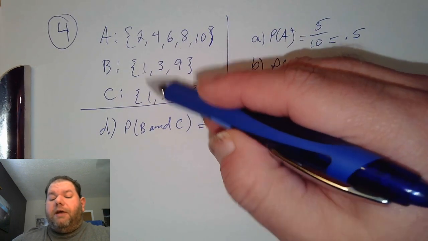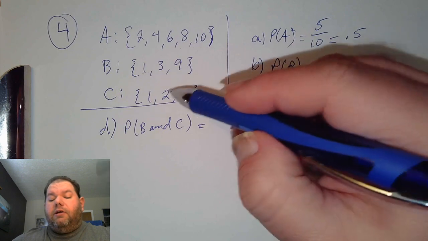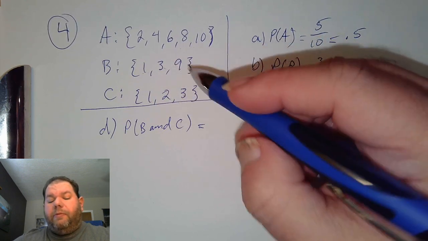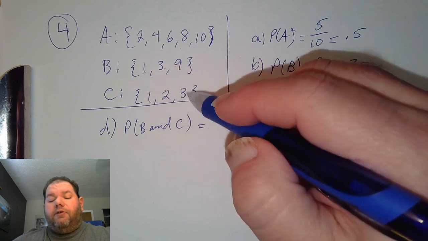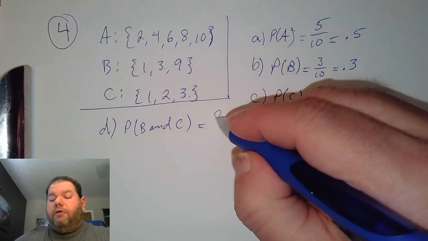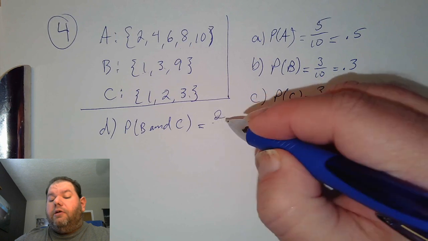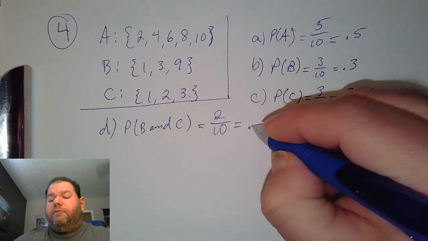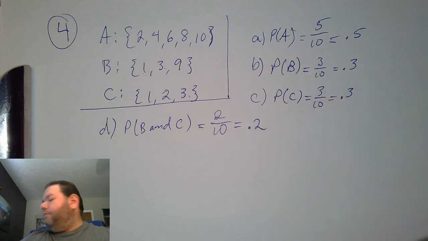You see, both of them have a 1 listed, and both of them have a 3 listed. Okay? So that means there's 2 outcomes that they have in common, the 1 and the 3. Out of 10 possible outcomes, so the probability will be 0.2.